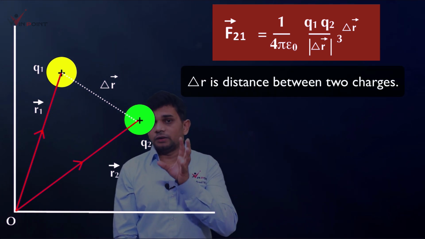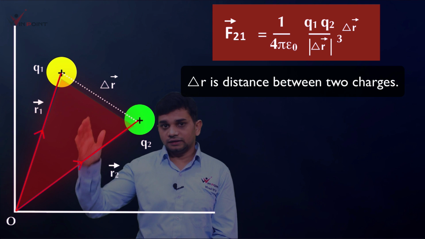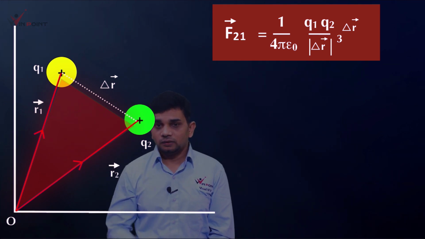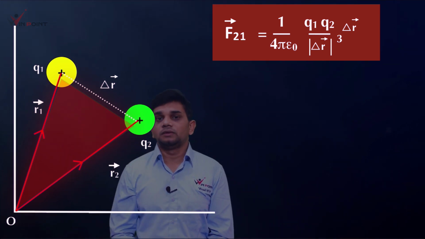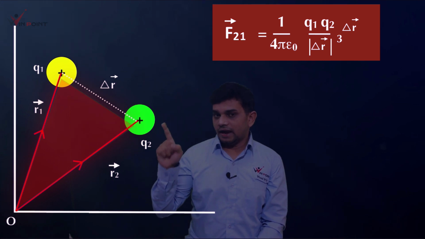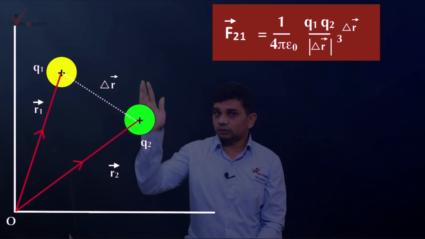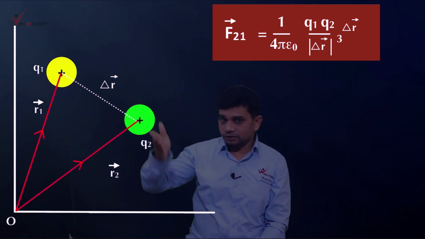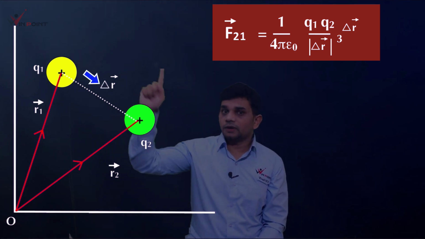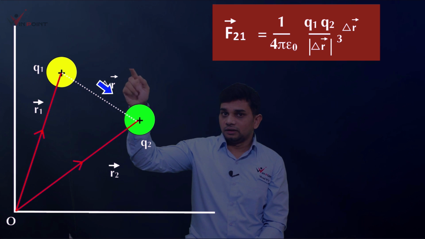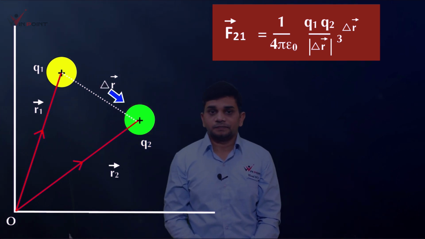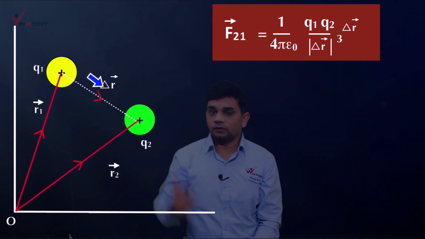We need to find the value of delta R. We are considering the same triangle. First we need to find the direction of force. Force is acting on Q2 because of Q1, so this is the direction of force to Q2 from Q1.